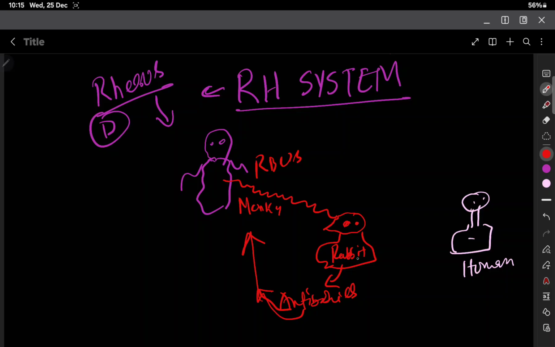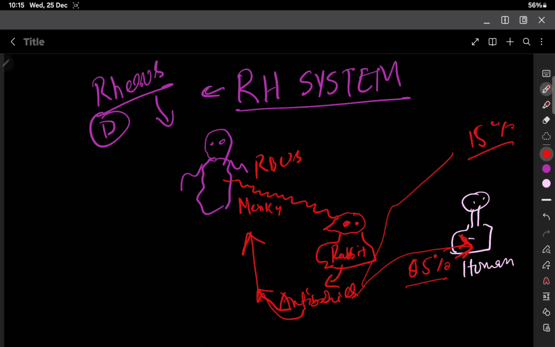Now these antibodies which the rabbit developed, the monkey RBC antibodies, were transferred to the humans, and what they saw in the humans is that 85% of the population showed a reaction, while 15% of the population didn't show a reaction.